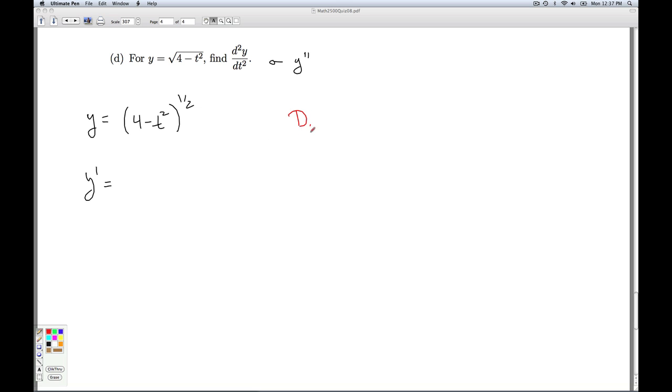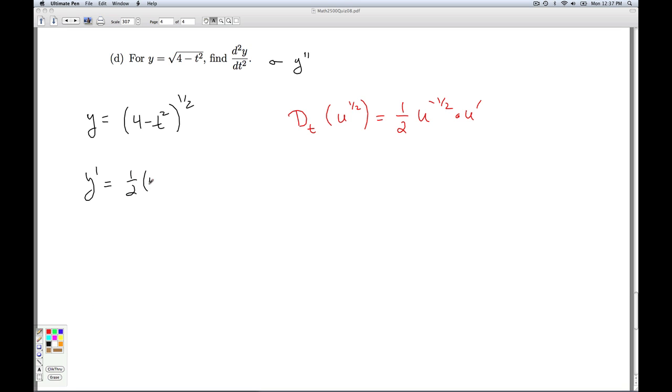That's the first thing we have to take care of as far as the derivative is concerned. So I'm taking the derivative of something to the 1/2 power, and that something is different than t. So that's 1/2 times that something to the 1/2 minus 1, or negative 1/2 power, times the derivative with respect to t.